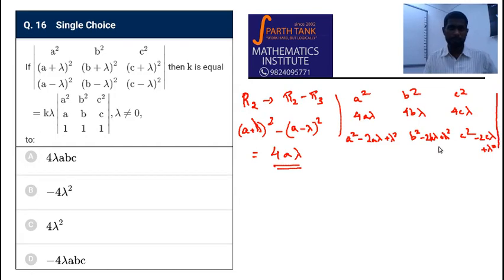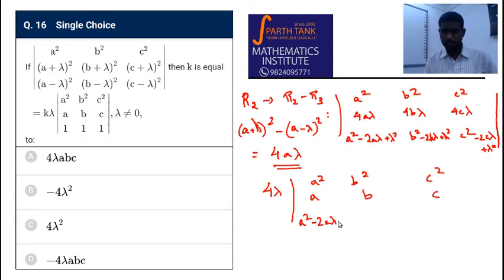Okay, so from here, using this one thing, I have simplified this. Take out 4 lambda, so I get a squared, b squared, c squared, a, b, c, and the final line is a squared minus 2a lambda plus lambda squared, and so on.